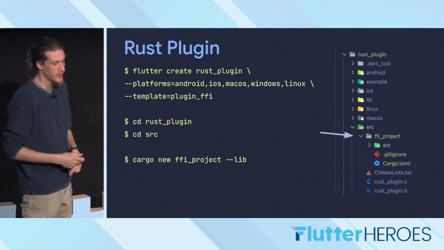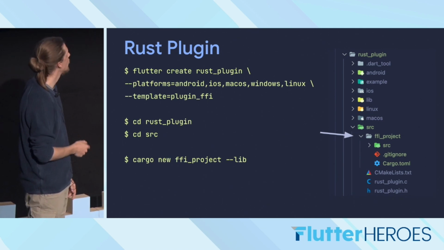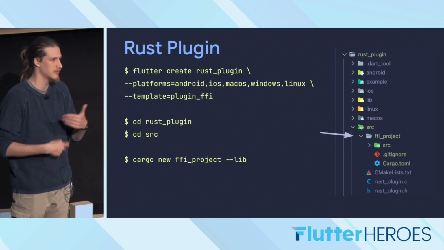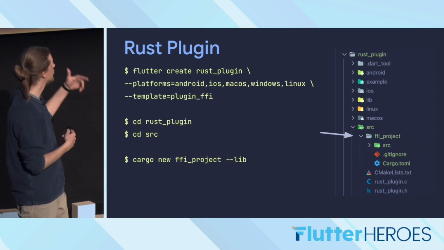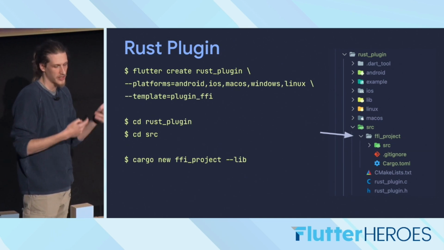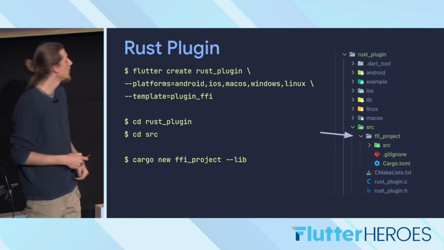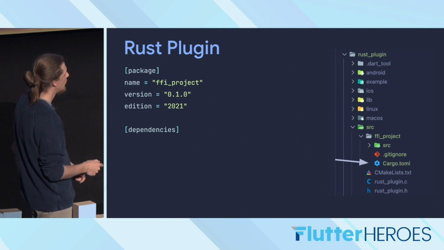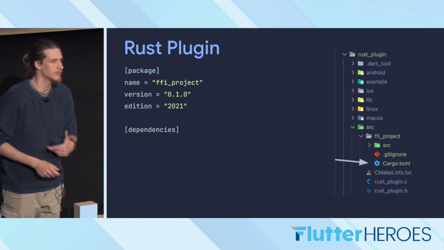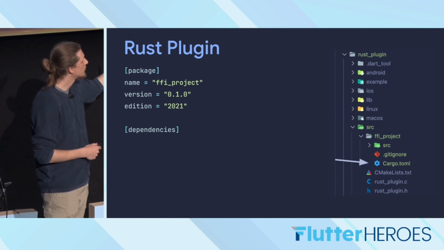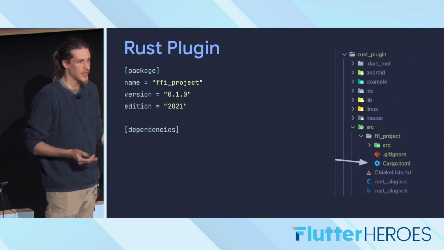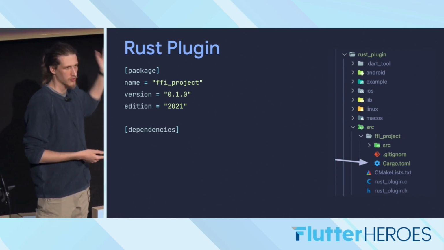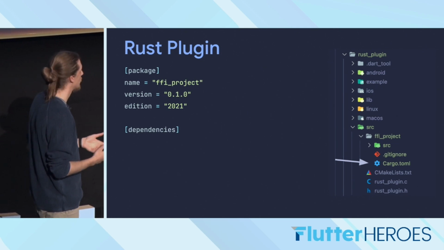So we need to run that command with the lib flag, so it's not going to have a binary that needs to be compiled or run, but it's just a library, and cargo knows that we're going to create a library. And also, inside the Cargo.toml, for people that don't know how Rust works, the TOML file is exactly like the YAML file for Flutter, so you store there the information for the project and for the building.